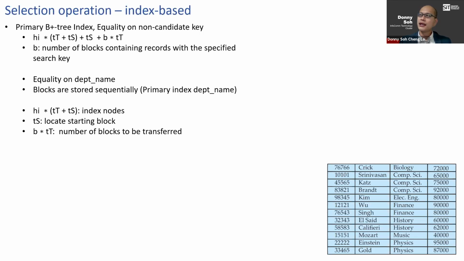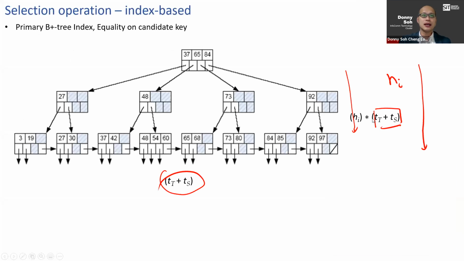Actually, once you understand the formulas, it is all derivable. If you understand one, you understand all of them. The height of the tree is always the same. There are going to be different combinations of equality on candidate key, primary tree index, secondary tree index, and equality on non-candidate key.